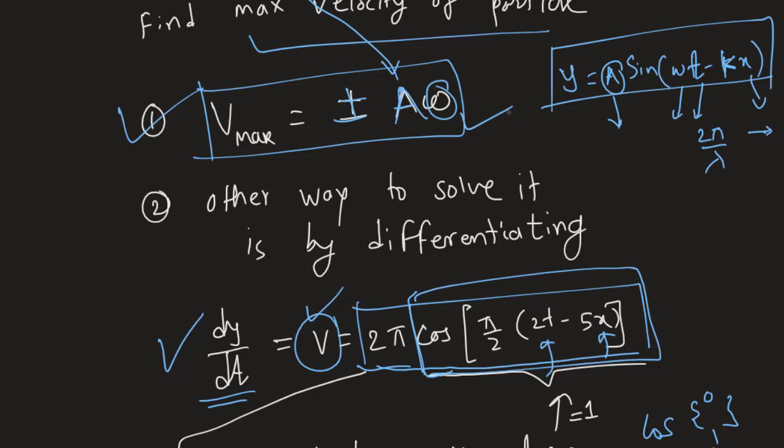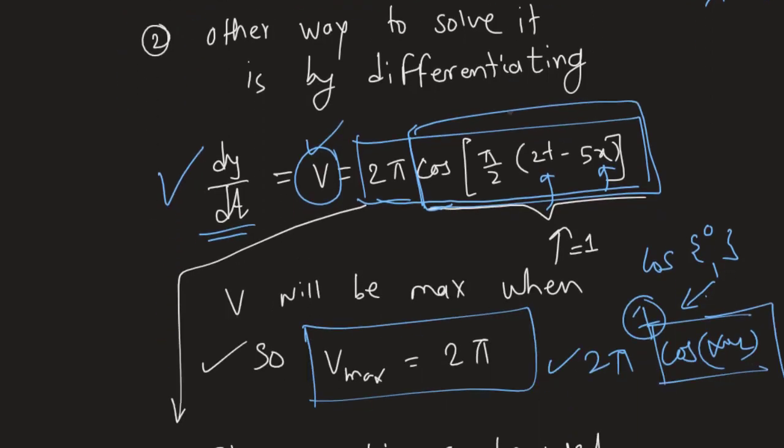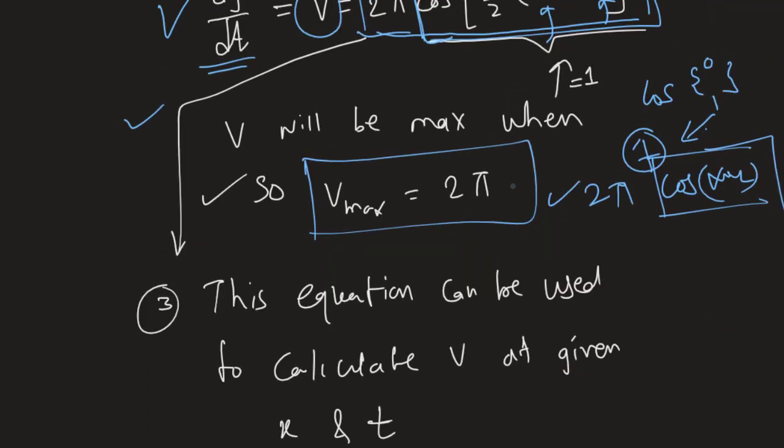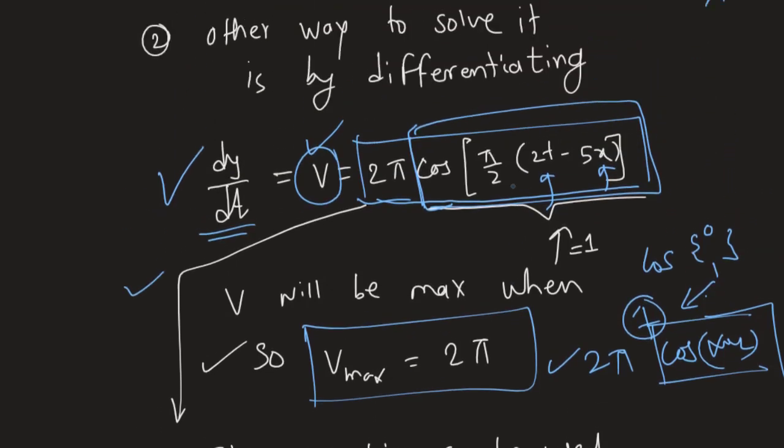So with this formula you will get the correct answer, and using the differentiation also you will get the right answer. And you can use that equation to calculate velocity at any given position x and t. If you know the x and t of the particle, then you can find its velocity using this equation.